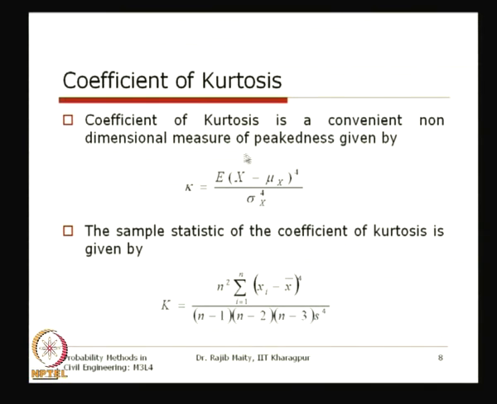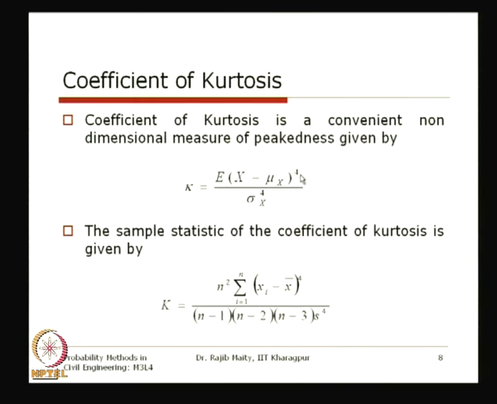Again, to make this dimensionless, we use sigma x to the power 4. Similar to the coefficient of skewness, we take the power 4 of the standard deviation to make the total quantity unitless.